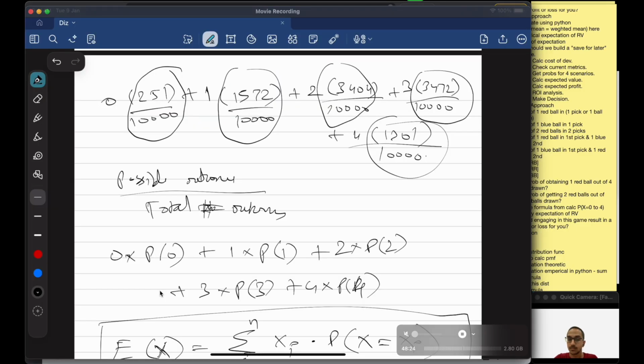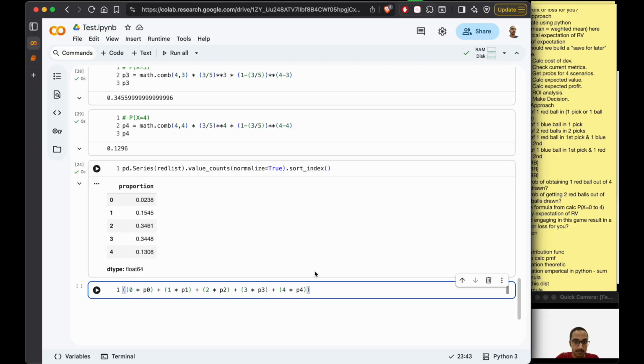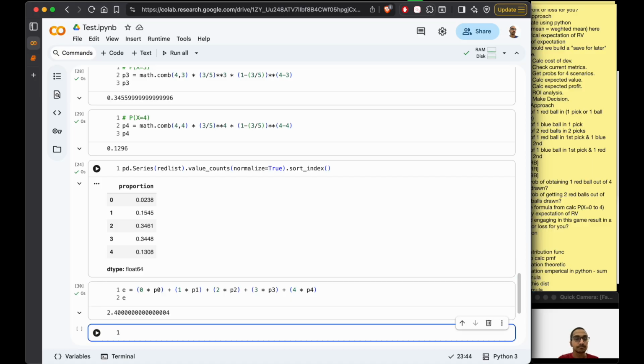That's it. So our expected value is 2.4 in this case.